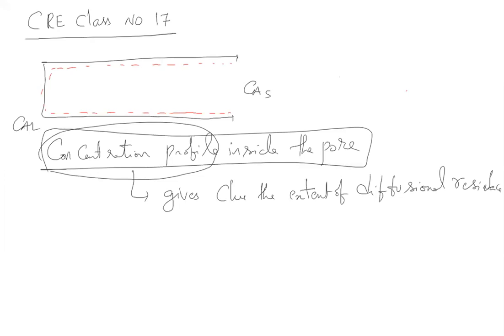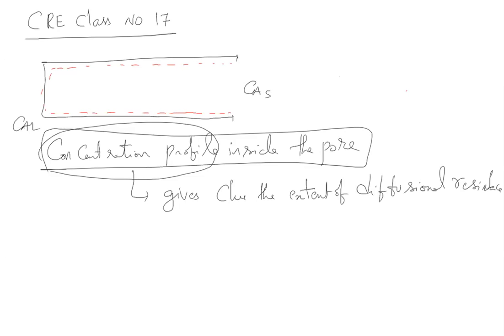If the concentration profile is sharply declining, that means particles are finding resistance to enter inside the pore. Suppose the concentration profile is almost flat, with no change in concentration, that means particles are freely moving in and out of the pore. So that is the conclusion.